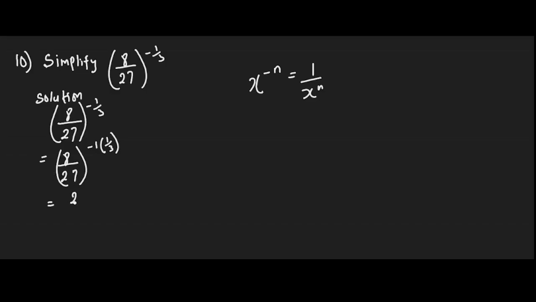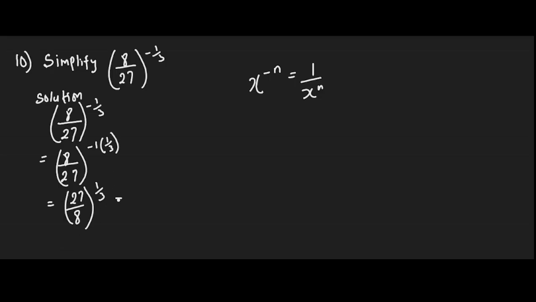Now, you agree with me here that this means the same thing as 27 over 8. We have that, and here is 1 over 3. This 8 over 27 raised to power minus 1 here means reciprocal of this or inverse of this. So we have 27 over 8.